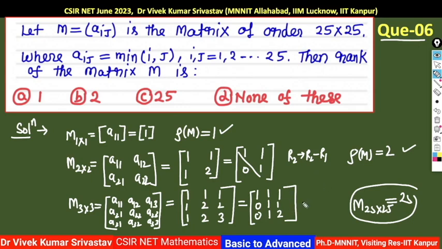So here we have used two row operations. Here I am just writing R2 tends to R2 minus R1, and the next one is R3 is basically nothing but R3 minus R1, right? So we are getting this one.